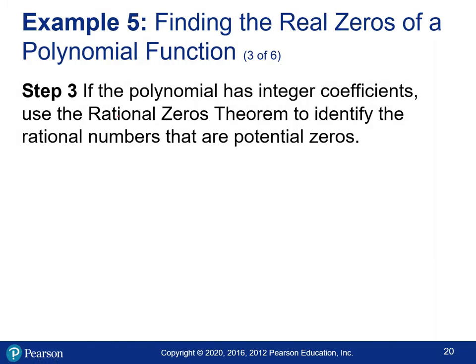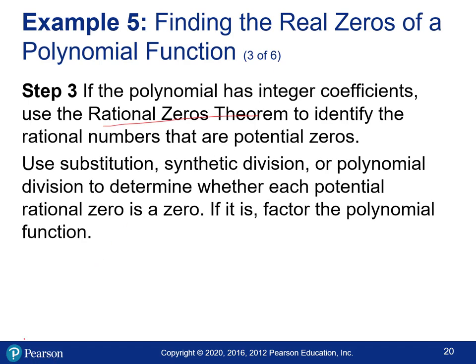So now we're ready to use our rational zeros theorem to identify a list of possible rational zeros. Then once we have that list, we can use a few different things. We can use substitution, synthetic division, or long polynomial division, like long division, to determine each of those rational zeros if it is in fact a zero, meaning when we plug the real zero into our function, the answer is 0.